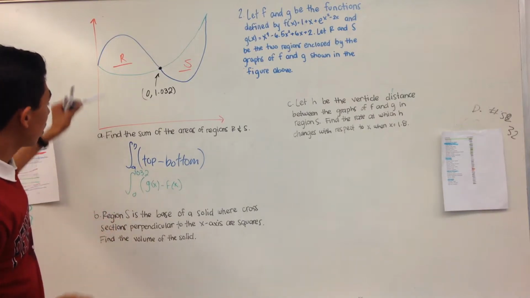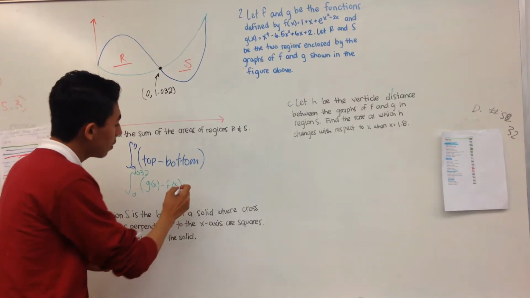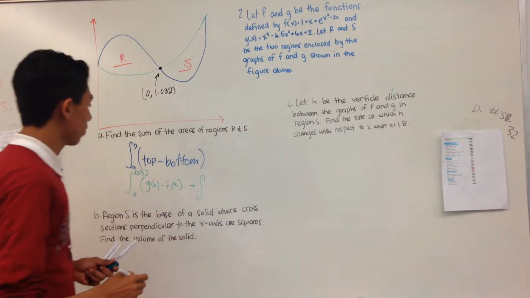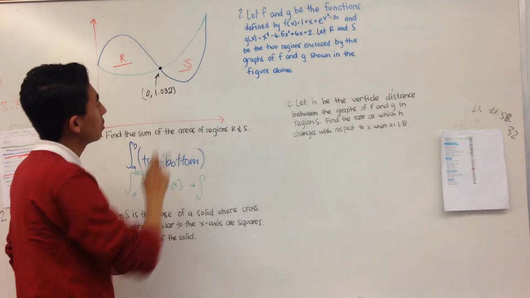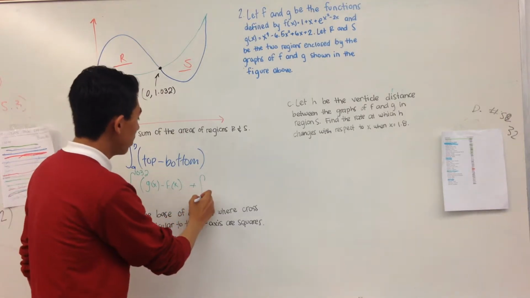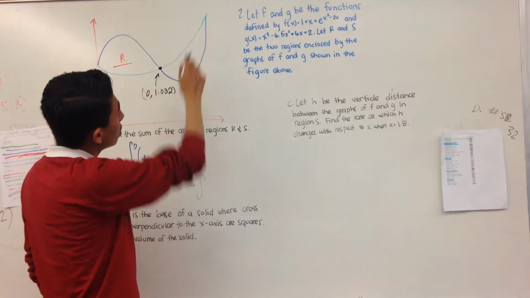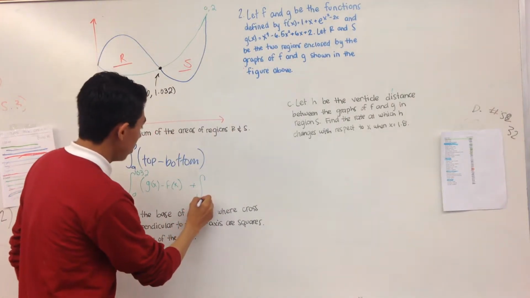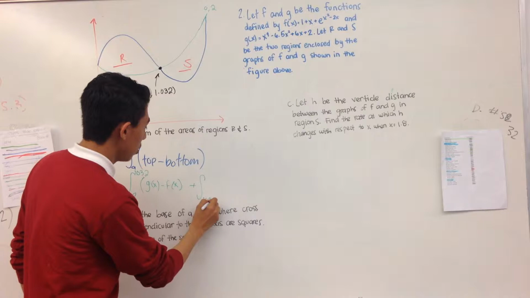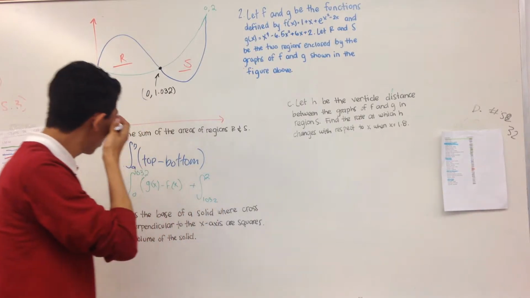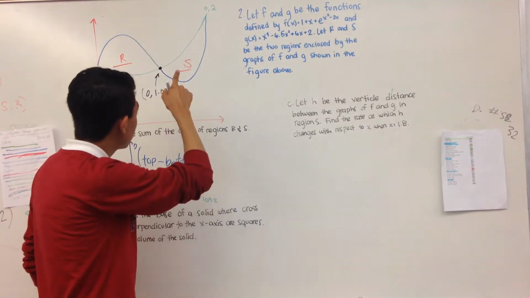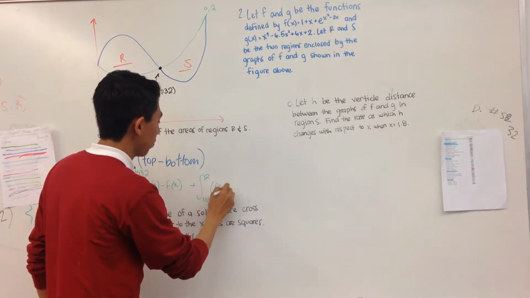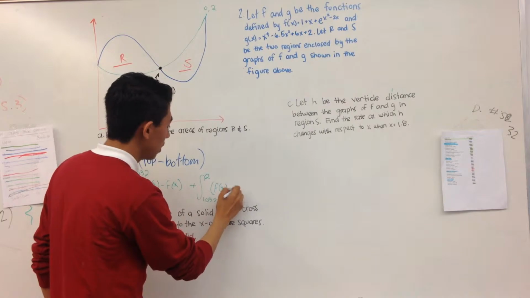After we find the area for this, we need to find the area for the other one, region S. This one would be from the intersection point to the end, which in this case is from 1.032 to 2, of the top function, which here is f of x, minus the bottom function, which is g of x.